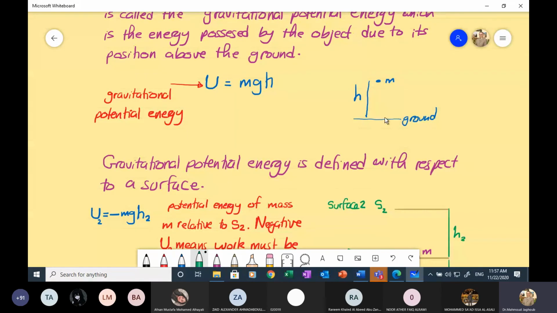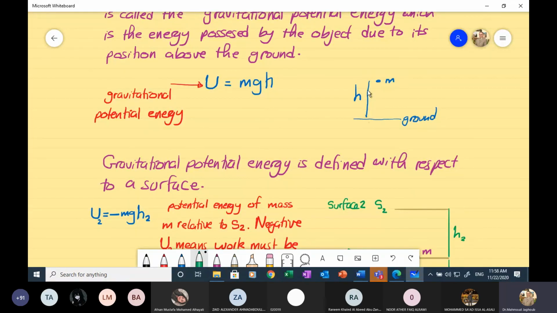Now, since the object is above the ground, h is positive, so mg times h, and therefore the potential energy of this object is positive. With respect to what? This is the potential energy of this mass m with respect to the ground. It is positive. Okay, why?